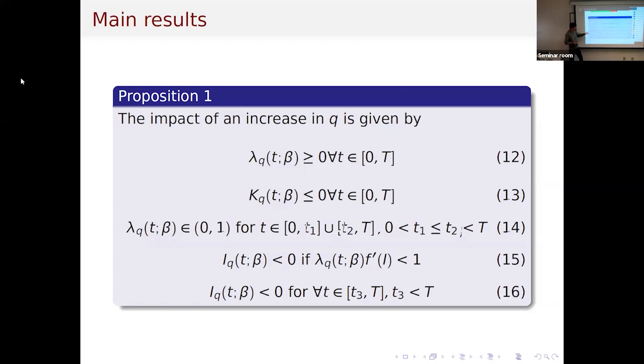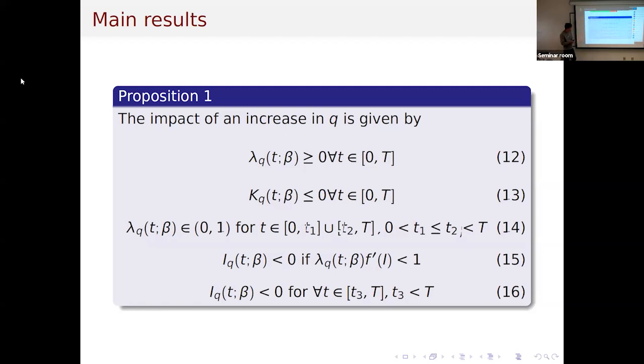Most of the time it lies between 0 and 1, or at least at the beginning and the end of the game. In the middle of the game, lambda Q may go beyond this area, but it doesn't have to. It can stay in this area for the whole time.